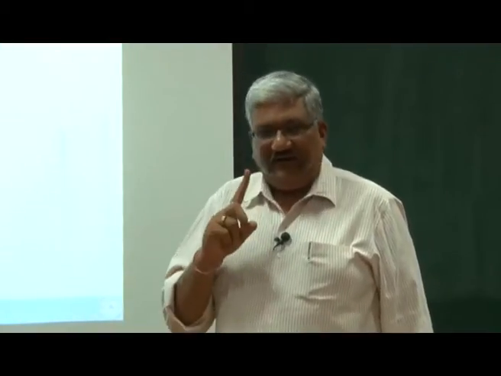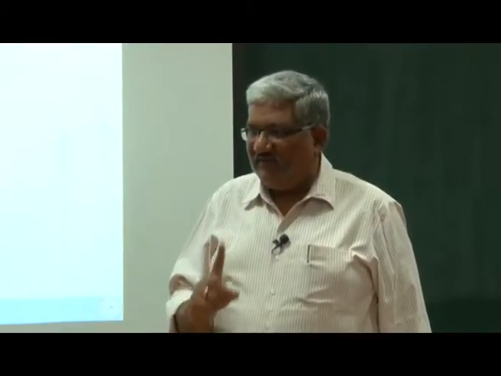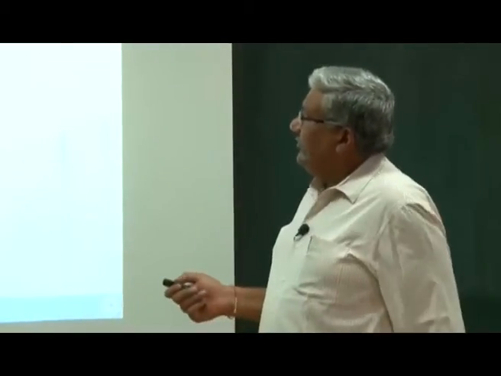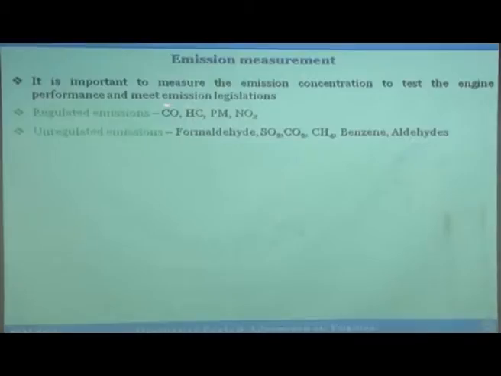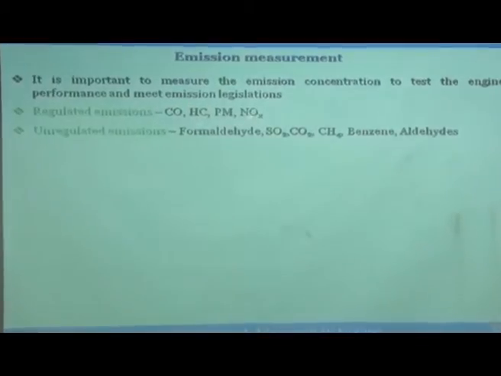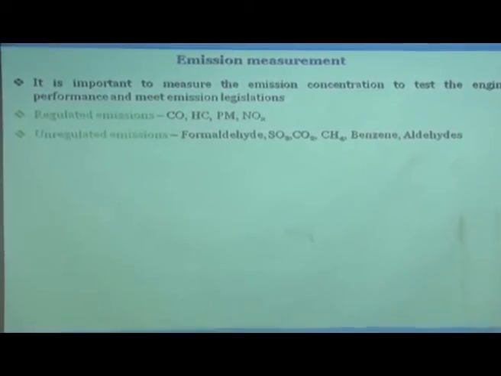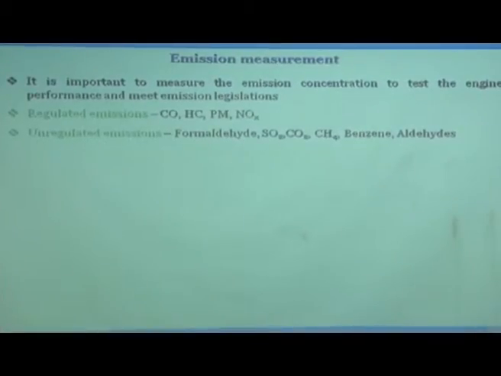So, governments and emission legislation agencies can find their way to control such kinds of aberrations. Anyway, there are many regulations which are not in this list and which are of significant human health concern, and these are all called unregulated gas emissions.